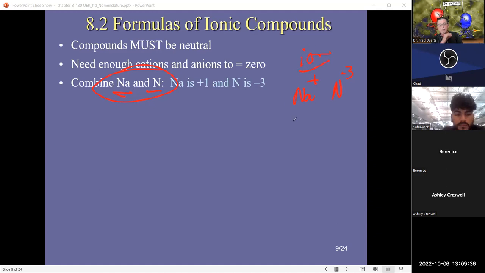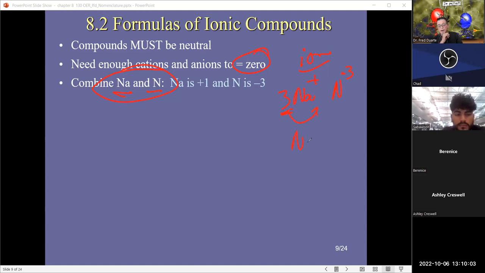Now at this point, we make sure we have enough of each to give us a net 0, okay? So I got 1 positive and 3 negative. So I need 3 positive, meaning I need 3 sodium ions to cancel out the -3 of the nitride. So that 3 I put in front of the ion becomes the subscript for the sodium.